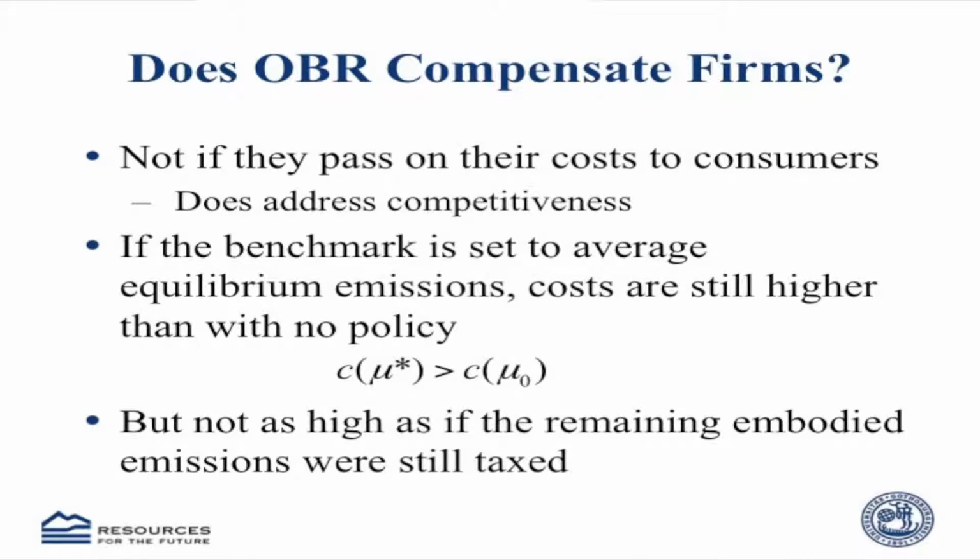Okay, so those costs don't go up, but the production costs are going to go up because, to meet the emissions target, they have to become less emissions intensive. So that does raise production costs. So prices will go up somewhat. It's just that you're not asking consumers to also pay for the embodied emissions remaining in the product.